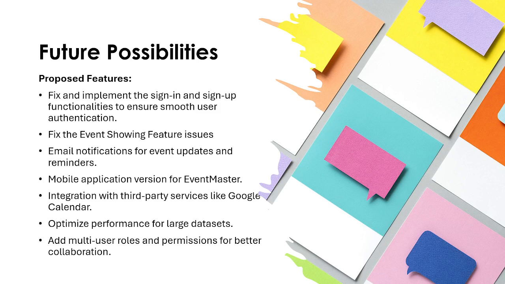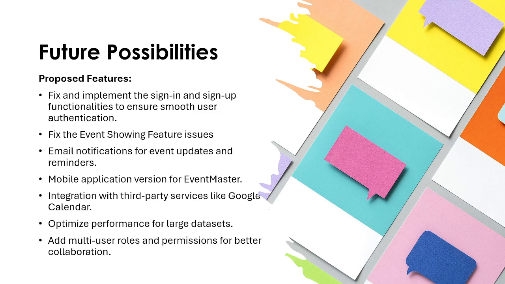We'll firstly fix and implement the sign in and sign up functionalities. That is the most important part of our project, because if we cannot sign up or sign in, we cannot use the other features either. It was the foundation of our project, which we could not run. And then we have to fix the event showing feature as well.